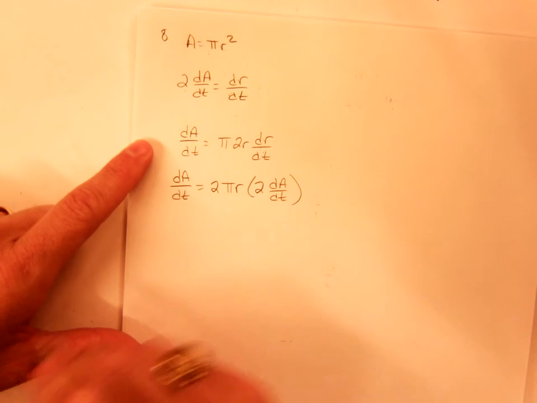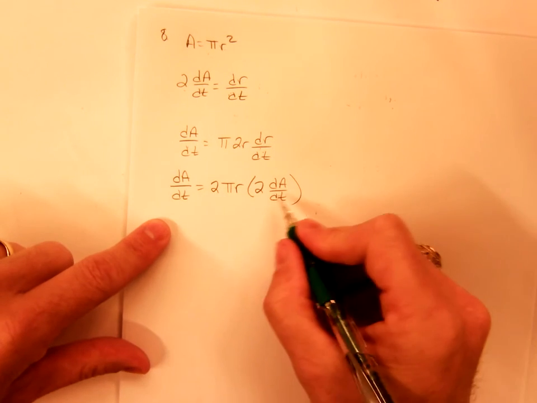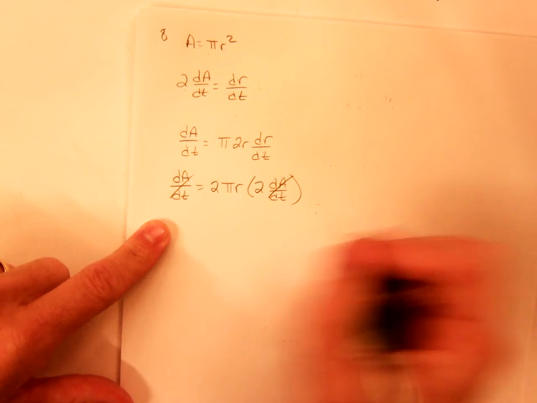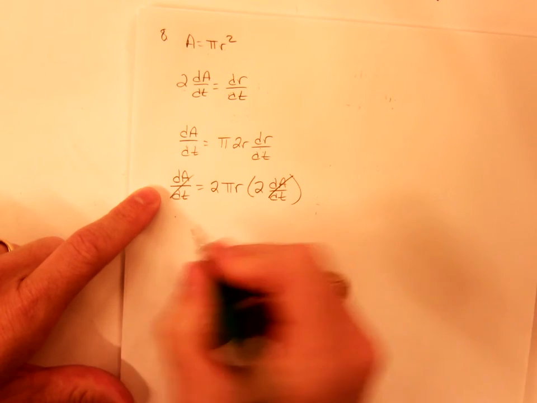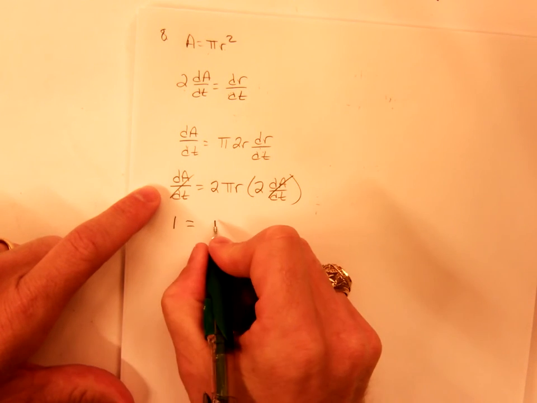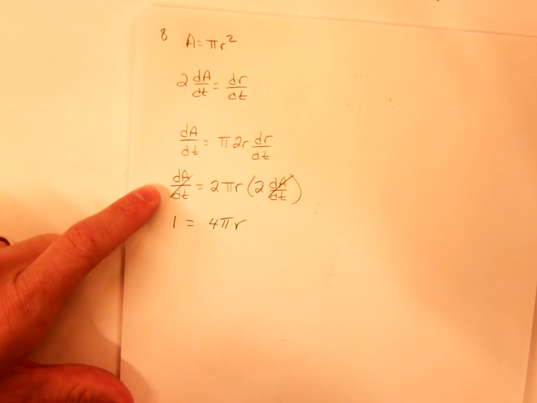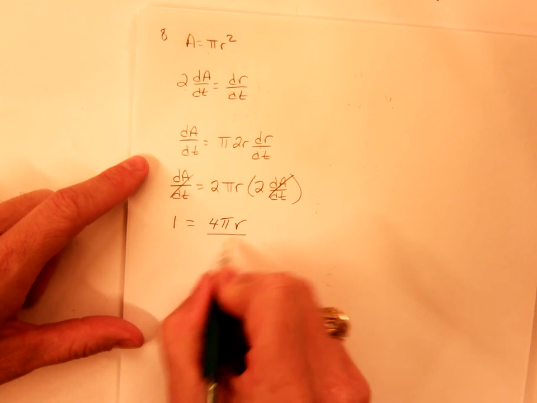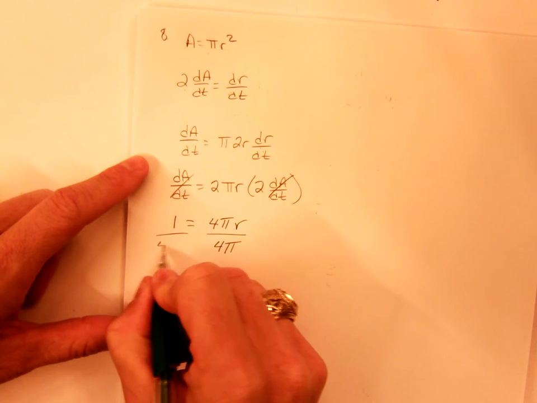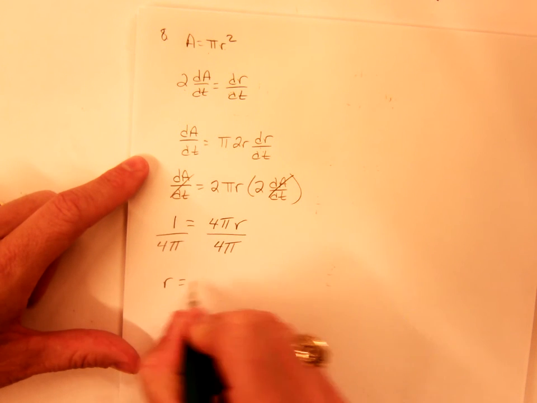I'm going to divide through by dA/dt, and that's going to cancel out, and it's going to leave me 1 is equal to 4 pi r. Divide by 4 pi, and r is equal to 1 over 4 pi.